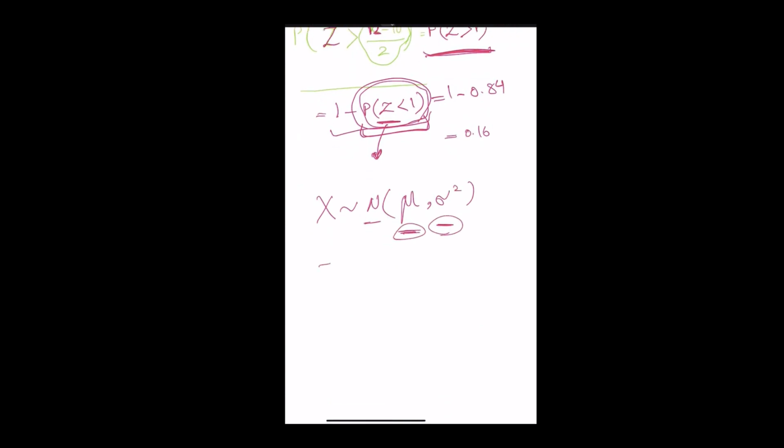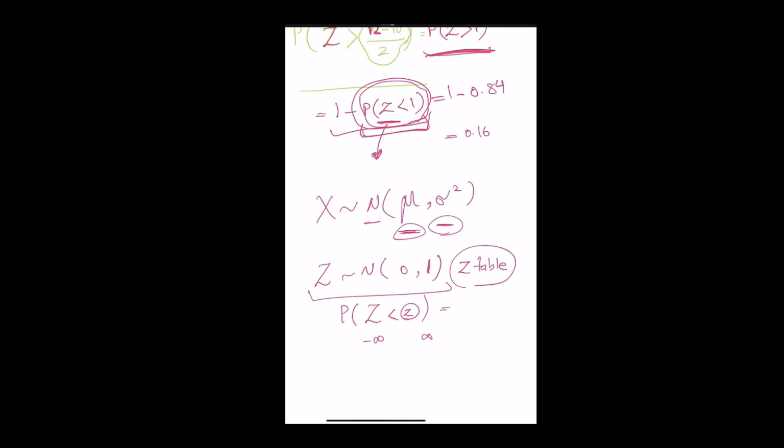Only the standard normal random variable has mean 0 and variance 1, and we have the z table for it. From it I can get the probability of z less than any value from minus infinity to plus infinity.